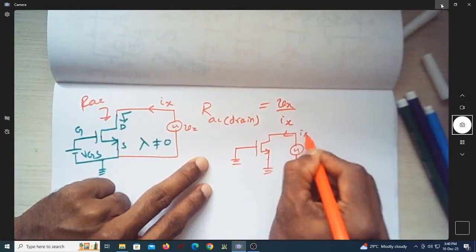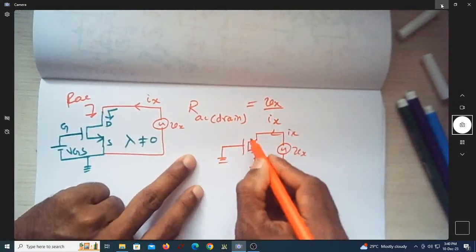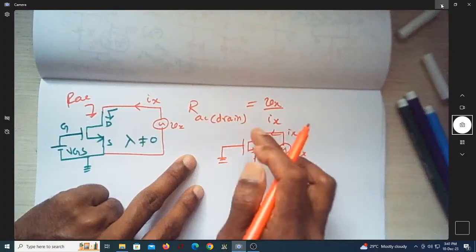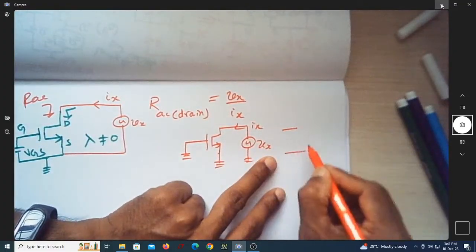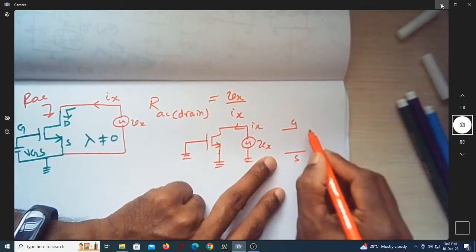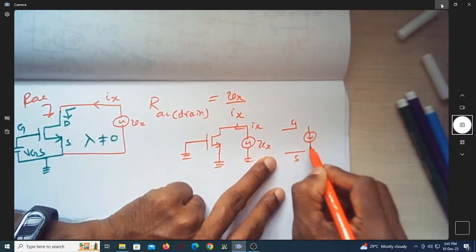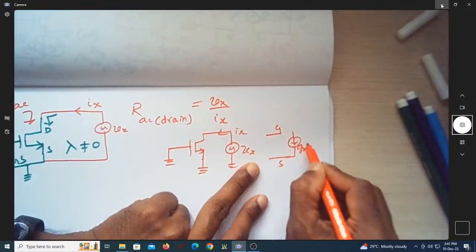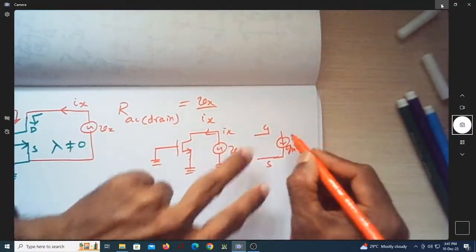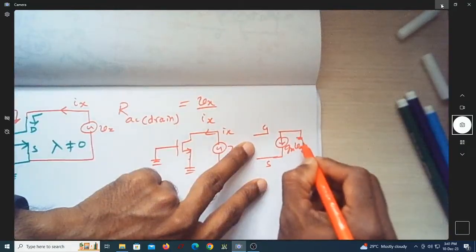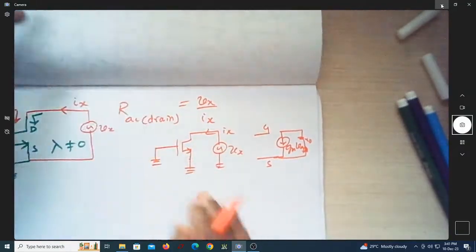This is Ix. Now let me replace this MOSFET by its AC equivalent. What is the AC equivalent? This is gate, source. Between drain and source, I have gm into VGS. Since lambda is non-zero here, I will have R0 also coming into the picture. So let me rewrite it here.